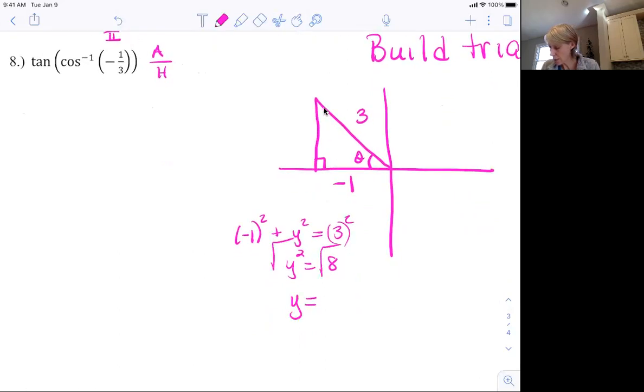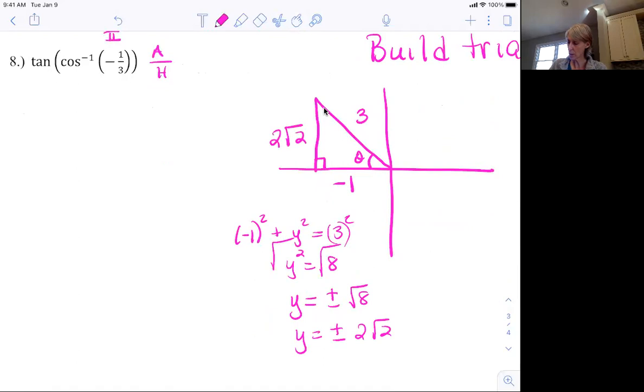And y is going to be plus or minus root 8, plus or minus 2 root 2. Now think about it in terms of the triangle. Are we in the positive part of the y-axis or the negative part? We're in the positive part. So I'm going to label it with 2 root 2.